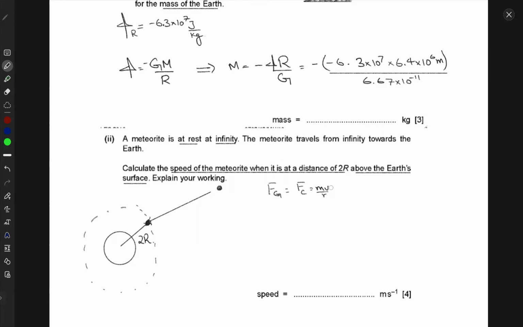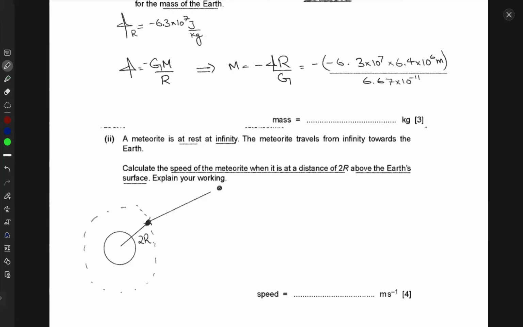Because of this, it will not work, right? You suggested this, and even though you got it wrong, you learned something. While it's not in orbit, there is no circular force on this meteorite.